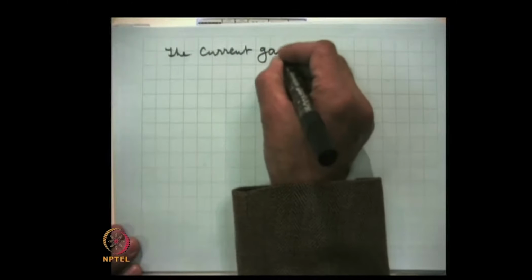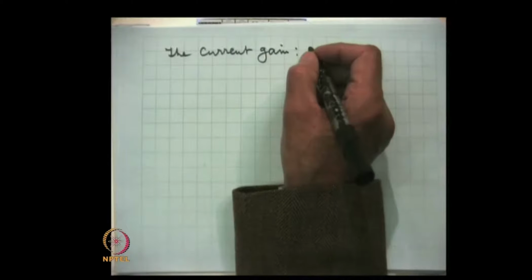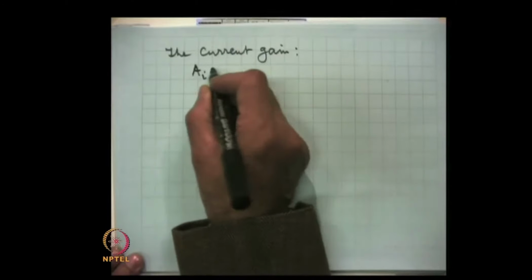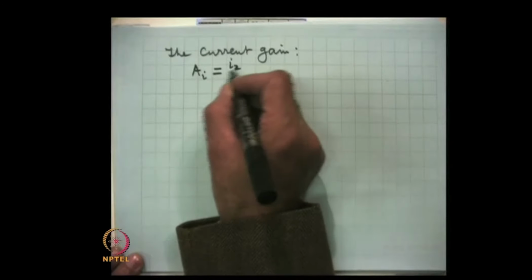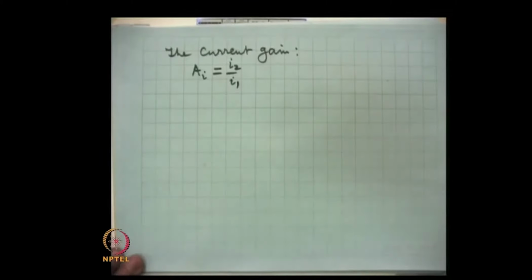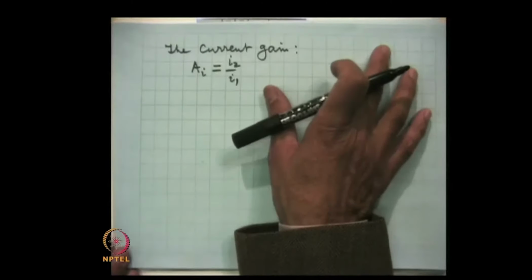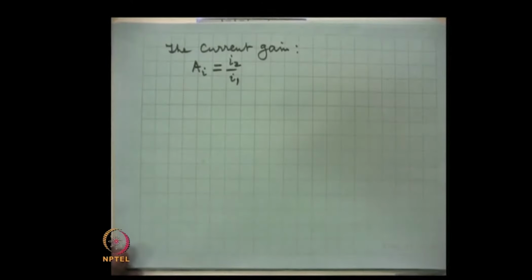Then we want another quantity, that is the current gain. Current gain is written as A I, and this will be the ratio of I2 over I1. So, again we have to manipulate the equations in such a way that this ratio is equal to the terms in which each parameter is known.